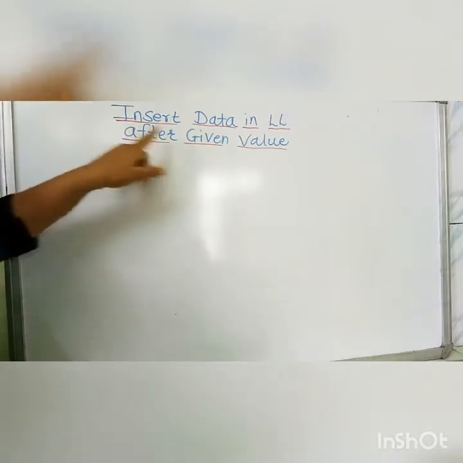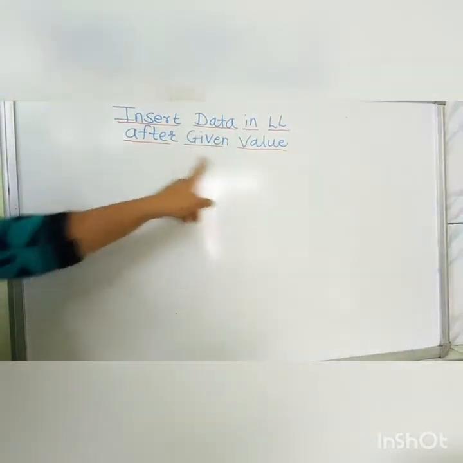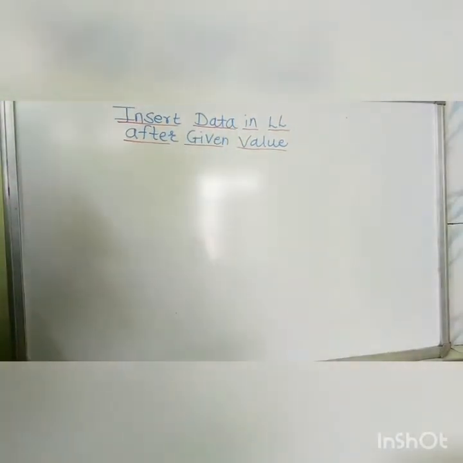First of all, we have to see how to insert data in a linked list after a given value. But before that, we will see the different cases of inserting the data items.